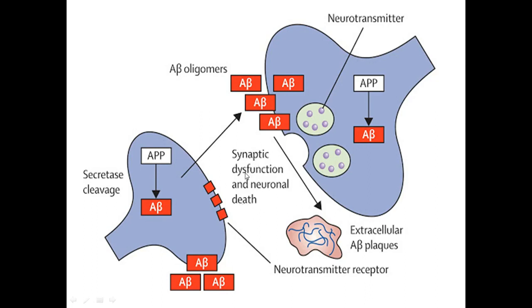So synaptic dysfunction will take place, and ultimately the neuron will die. This is the case in Alzheimer patients, and it leads to neuronal death. So accumulation of this aggregated amyloid protein causes a toxic effect. It is a toxic form of protein.